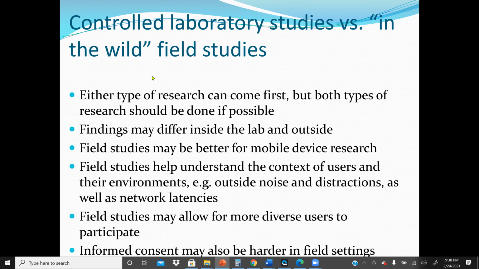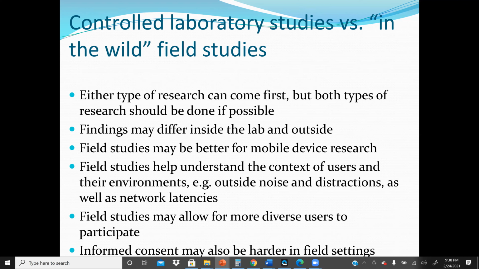Also, controlled laboratory studies versus wide field studies. Either type of research can come first, laboratory studies or field studies, but both types should be done if possible. Findings may differ inside the lab and outside. Field studies may be better for mobile device research, and they help us understand the context of users and their environment, because we go to the user's environment and test the system there.